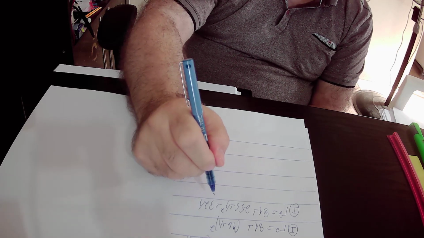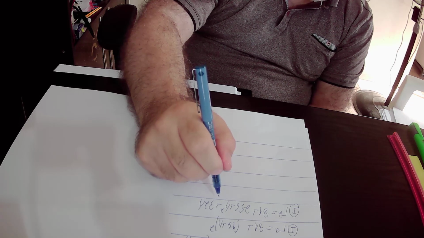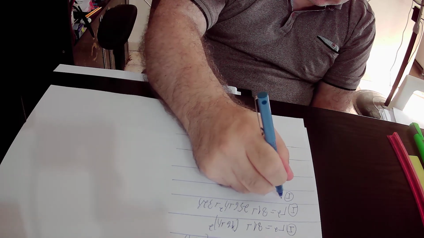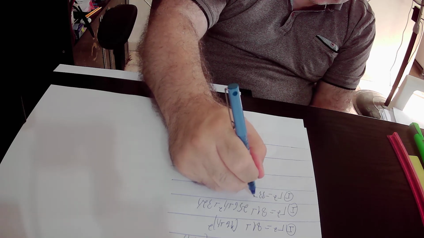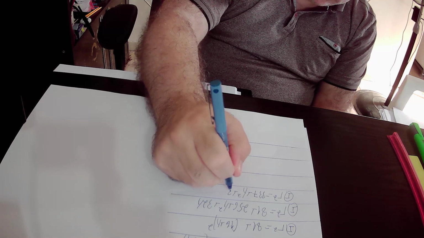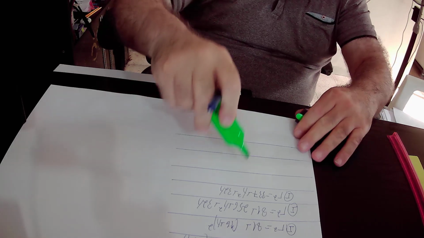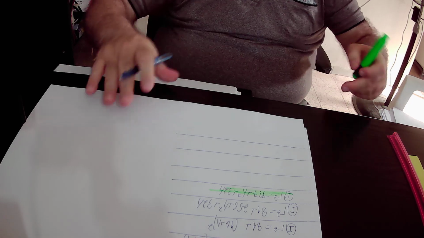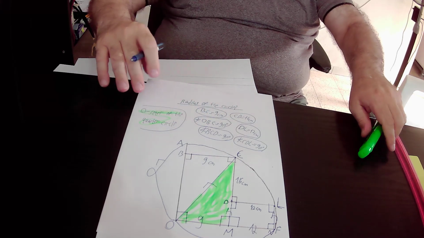So R squared equals 81 plus 256 plus h squared plus 32h. So R squared equals 337 plus h squared plus 32h. In the next step, we will join points O and L together by a straight line.